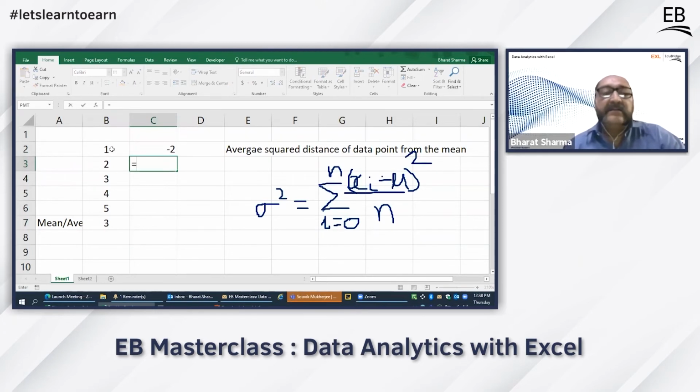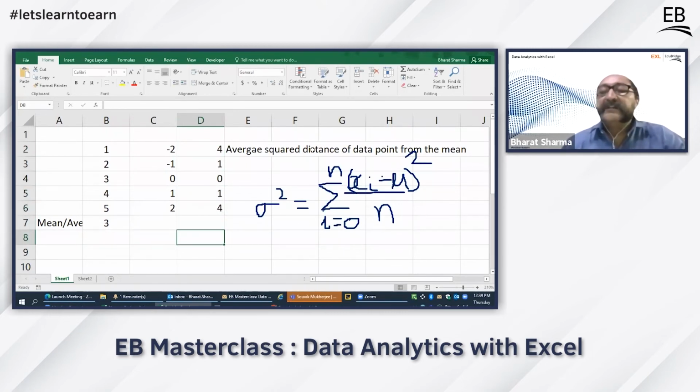Then X2 minus mean, then X3 minus mean, then X4 minus mean, and then X5 minus mean. So I get this, xi minus mu. Now whole square of it. When you do whole square, you get 4, you get 1, you get 0, you get 1, you get 4. Then summation, big sigma. So you sum them all.